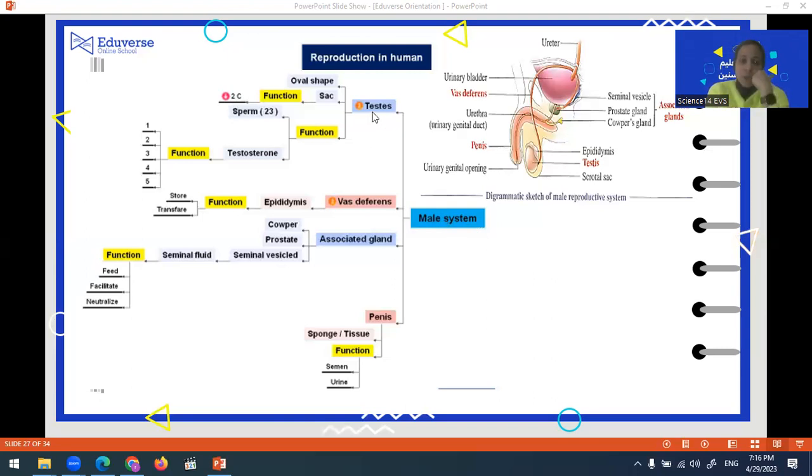So the first part I talked about was the testis. This is the testis, and we can find a very important thing about it. It's oval or elliptic in shape, and it's also a gland. So it will produce the sperm and secrete a hormone, which is the secondary male sex hormone, called testosterone.